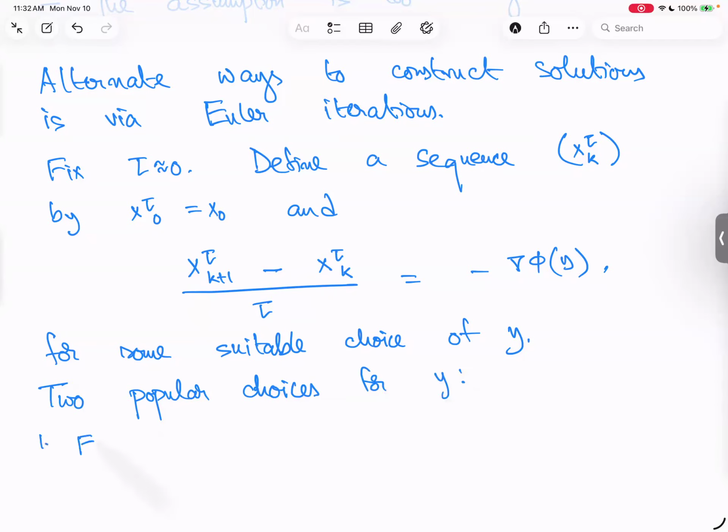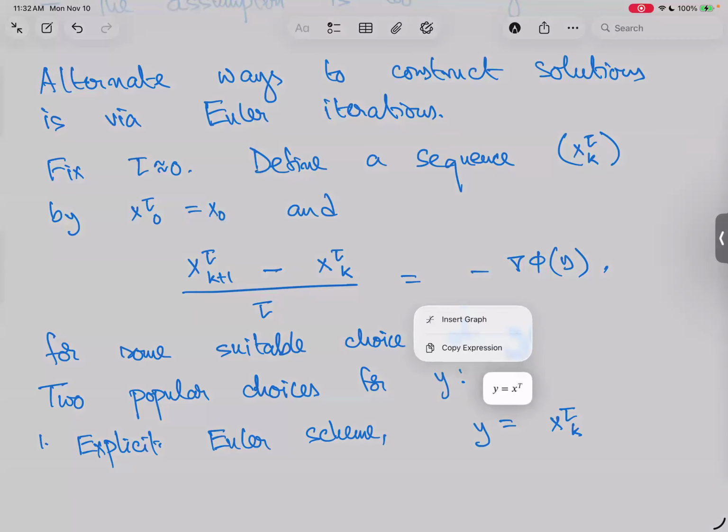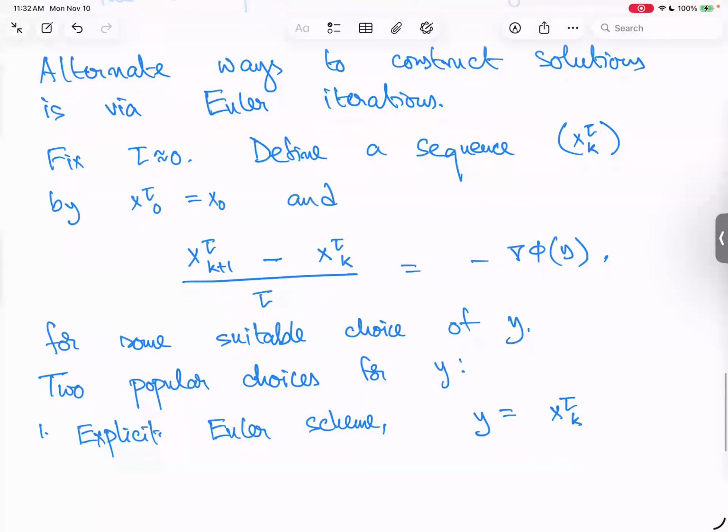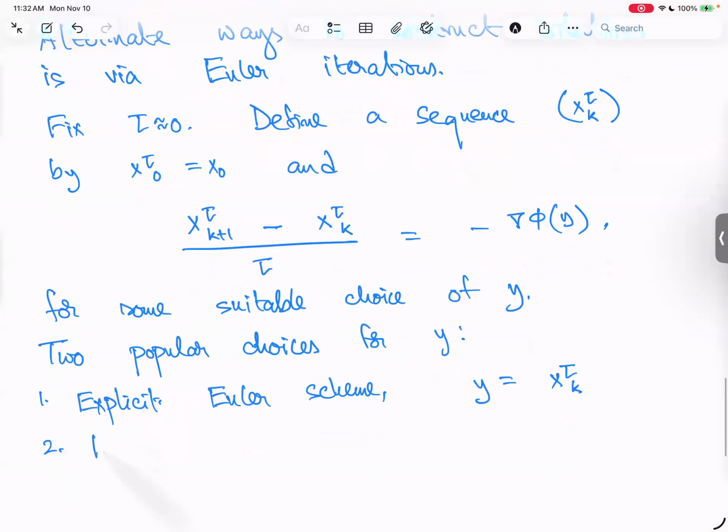are: one, the explicit Euler scheme, which is where I take y to be x_k^tau. Or the other choice is the implicit Euler scheme, where y is x_{k+1}^tau.